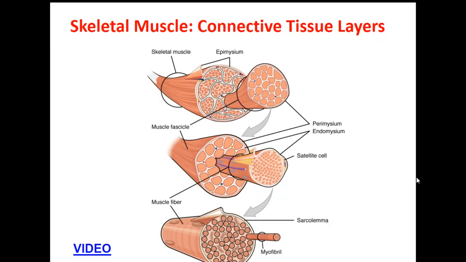Those bundles are called fascicles. And within each fascicle, there's a bunch of muscle fibers or cells. So each one of those oblong structures is just a cross section cut through one of the muscle fibers or cells within that fascicle.